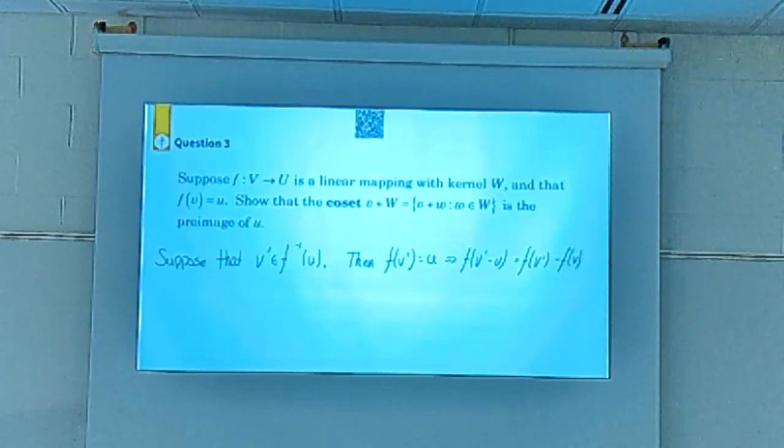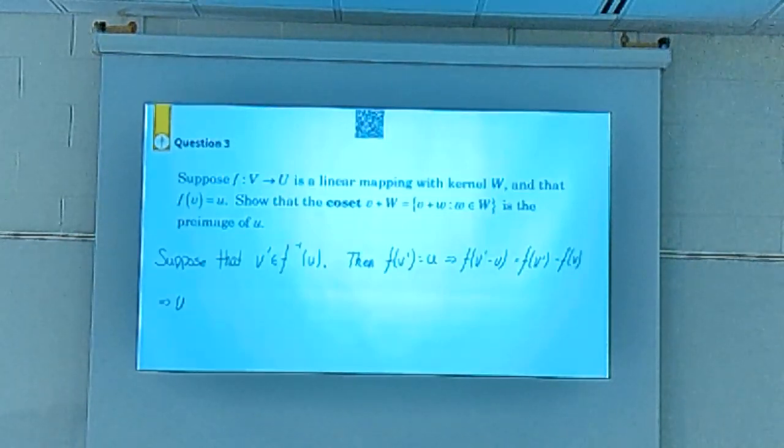v prime minus v has to be in W. Which means f of v prime minus v has to be f of v prime minus f of v. Oh, wait a minute. f of v prime, didn't we just say that to you? Right, because we're saying that v prime is the pre-image of u.